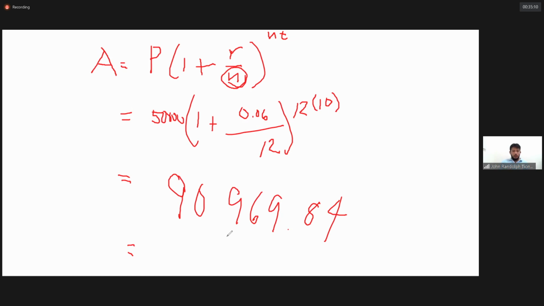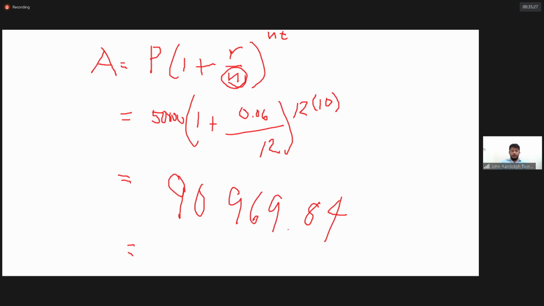Okay, next, let's go to page 136. If we have a certain number that is compounded continuously, we'll just use our E, Euler's number.